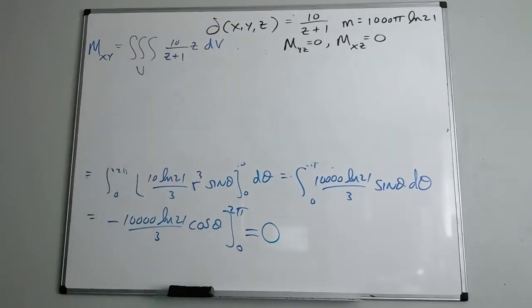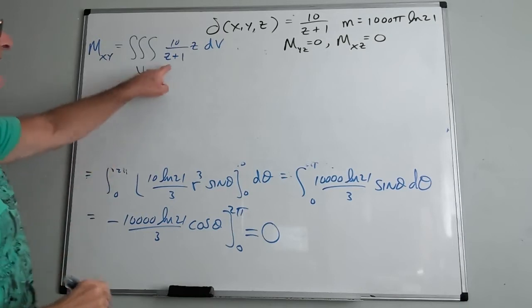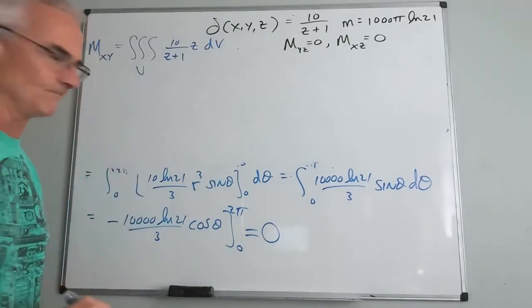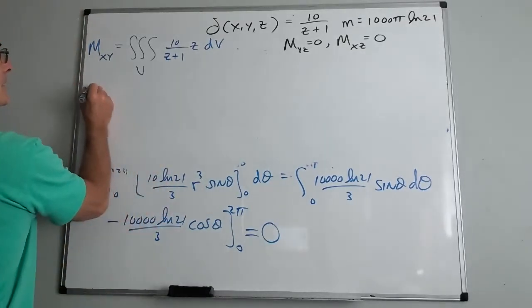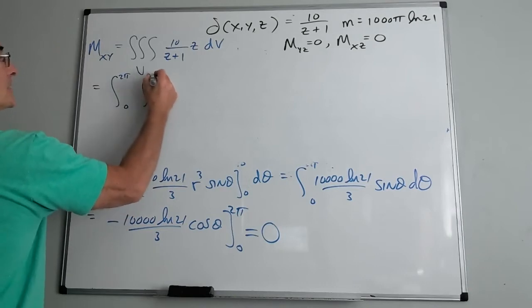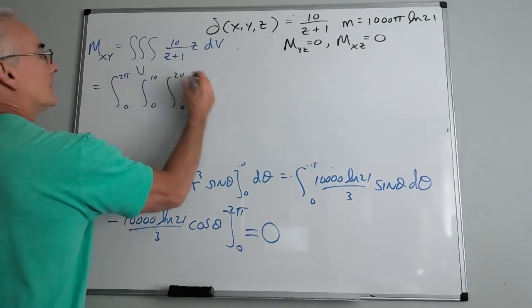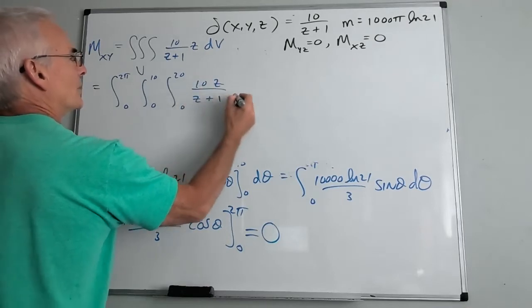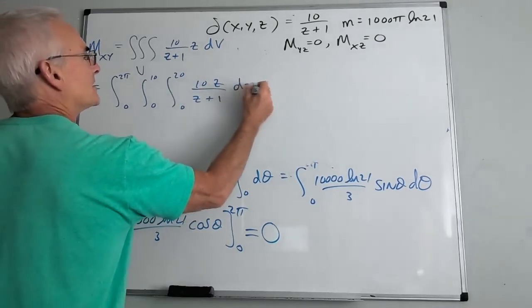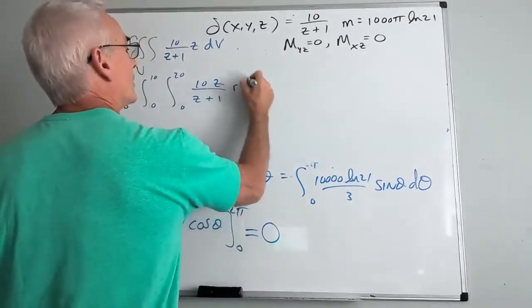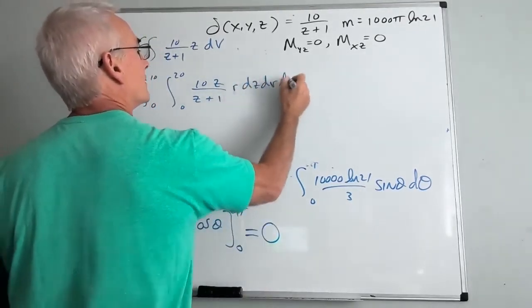Oh, that presents a slightly more complicated integrand now, because I got the z on top and on bottom. We'll figure that one out in a minute. So when I switch to polar, which I have to, I can't do this any other way. Right now I have 10z over z plus 1 dz, r, sorry, I'm losing my r, r dz dr d theta.